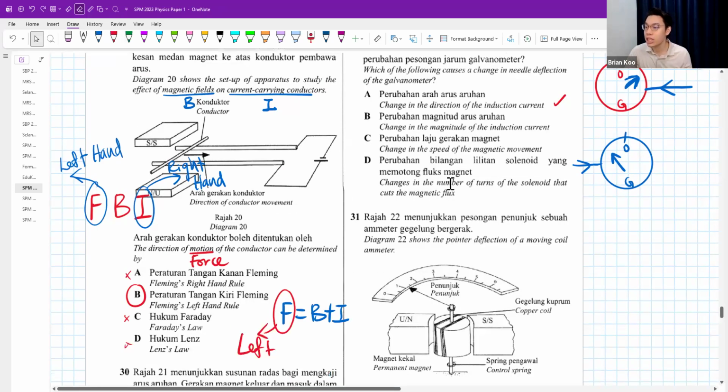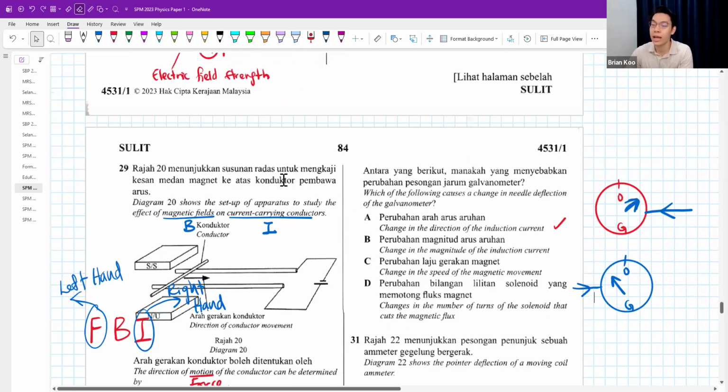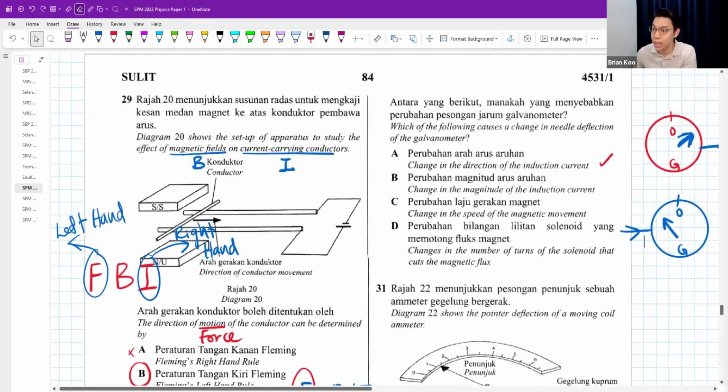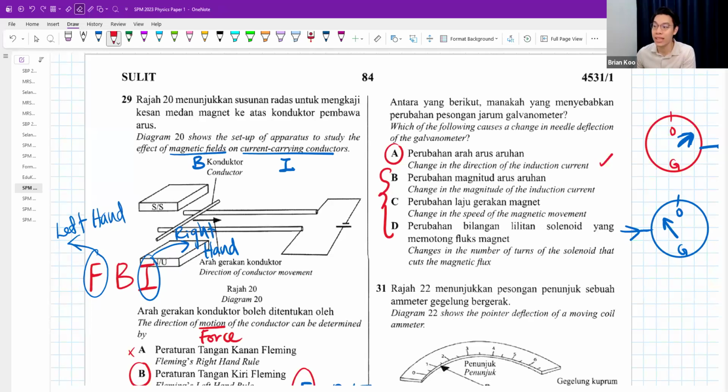Oh, I think I get it. Change the number of turns of coil of the solenoid that cuts the magnetic flux. Okay, I understand what the question is talking about already. Because I noticed B, C, D, all of them are trying to increase the current, while A is trying to change the direction of current.